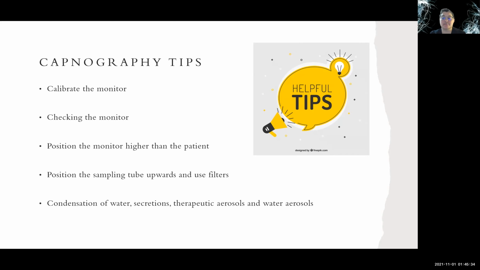Now, in earlier capnography units, there were filters required in order to decrease the chance of moisture contaminating the device. Newer ones have moisture trapping mechanisms to do this. It just depends on what type of unit you're using, whether you have a filter or that trapping mechanism.